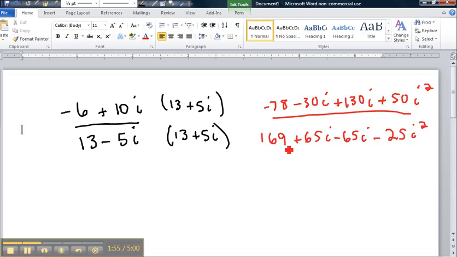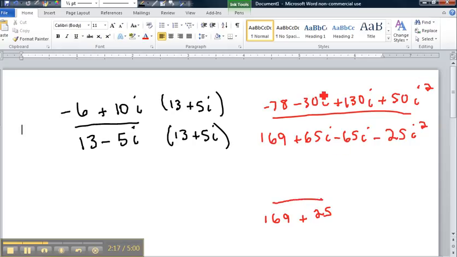Let's clean it up. These two cancel. Then we're going to have in the denominator, I have 169, and that's minus 25i squared. Remember, i squared is negative 1. So that's negative 1 times the negative 1, which is positive. So this is really plus 25 in the denominator.